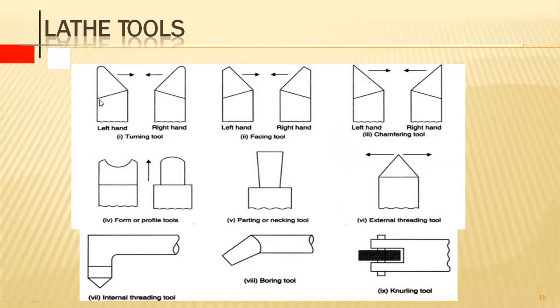And for the right movement, the position of the tool is as shown. For the facing operation, the tool shapes and movements will be as per the display. This is for the left hand direction and this for the right hand direction.